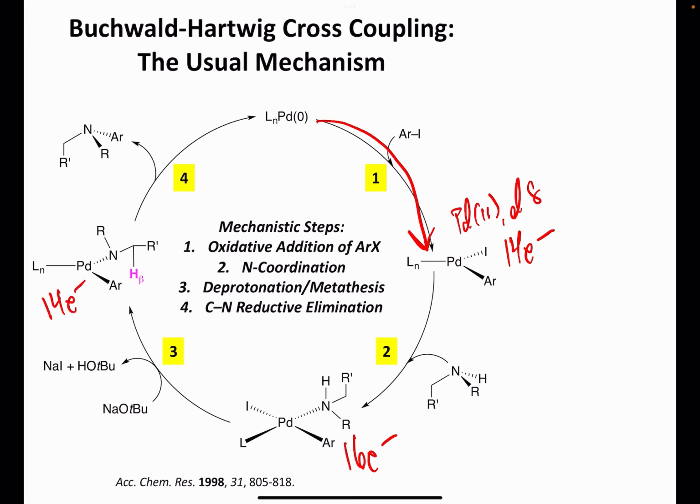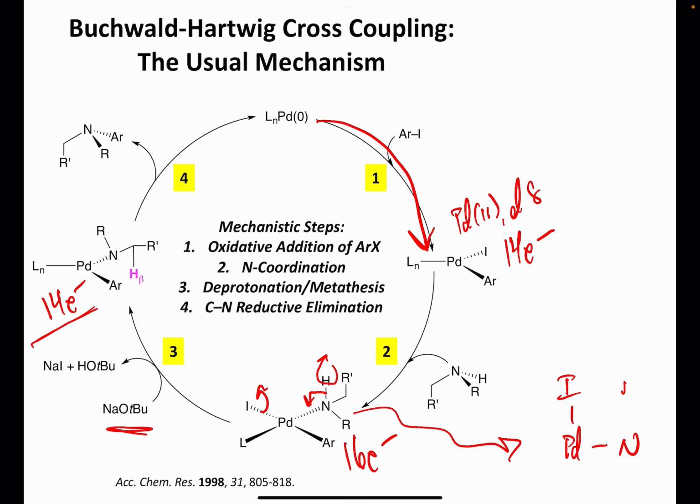For the deprotonation, again, you have a strong base, sodium tert-butoxide. It will pluck off the hydrogen. You can then think of it going in this fashion to give you the 14-electron compound shown here. Notice also, if we think about it in terms of salt metathesis, once it's deprotonated, you can draw it like so.